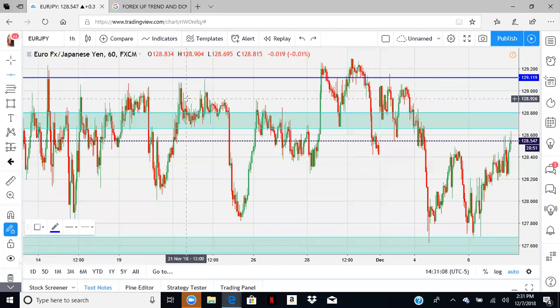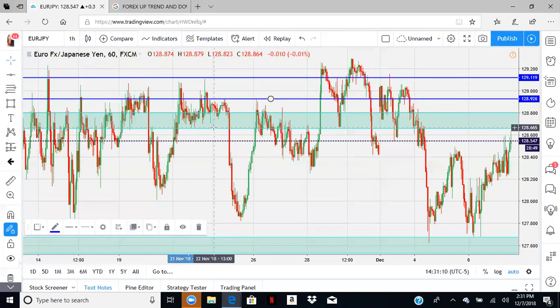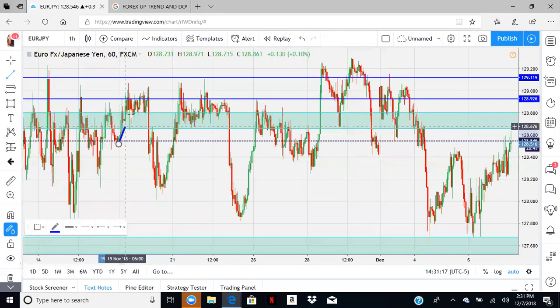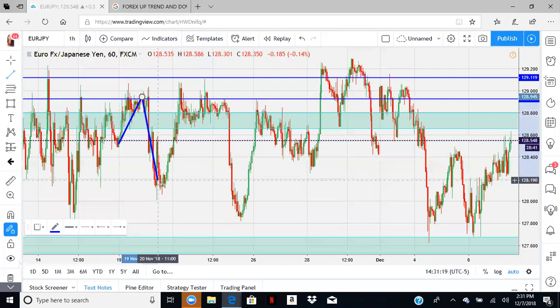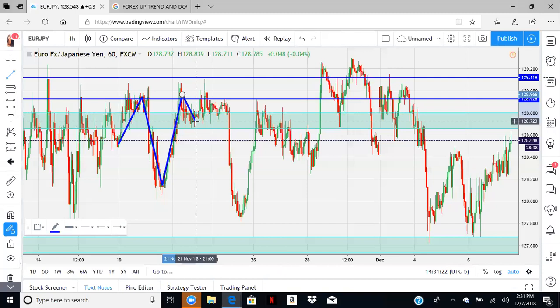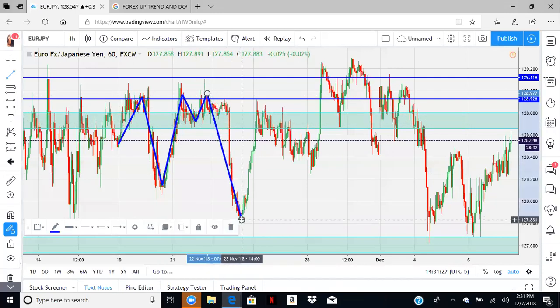Now, after we entered, we looked to the left and our first take profit was at this previous high. This is just a lot of consolidation. This is a high, whatever you want to call that. So this was the previous high, this was take profit 1.